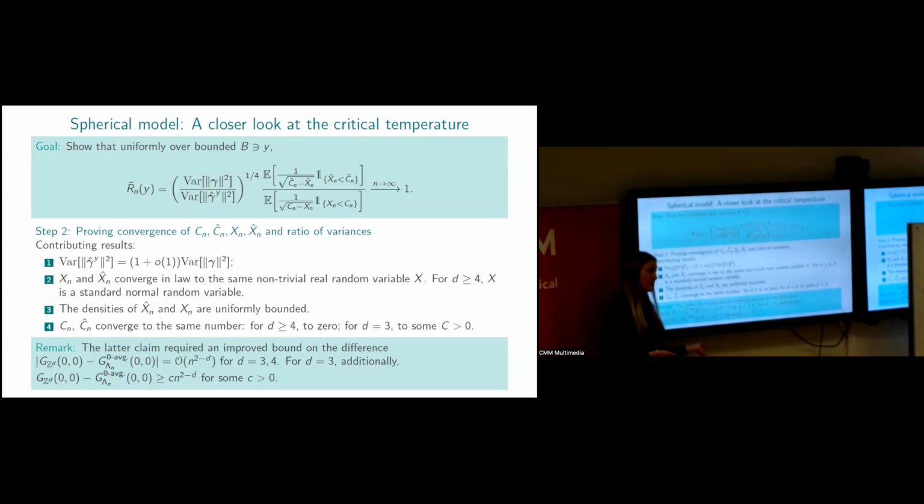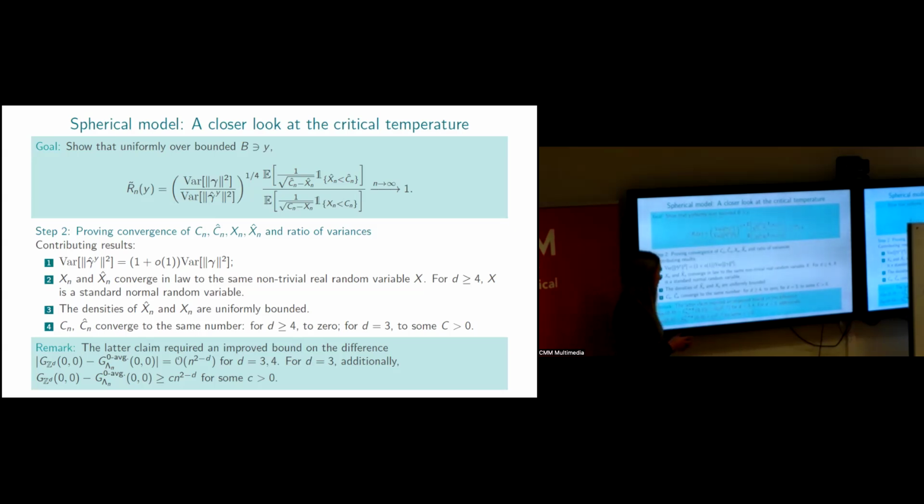Actually, it works for dimensions strictly greater than 4. It's enough. For dimension 4, it already needed a better formula, so we would need like a square root of log correction for this to work.